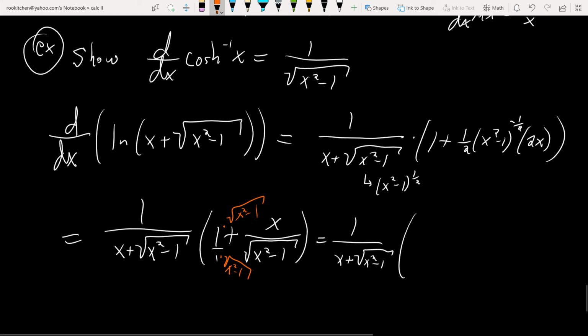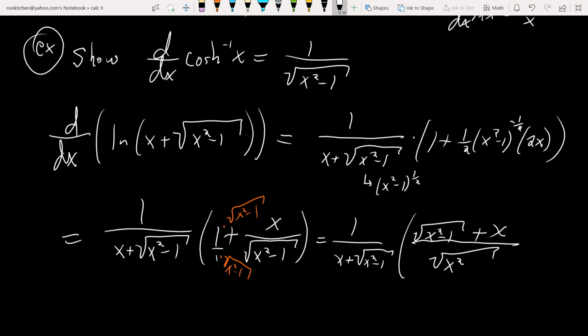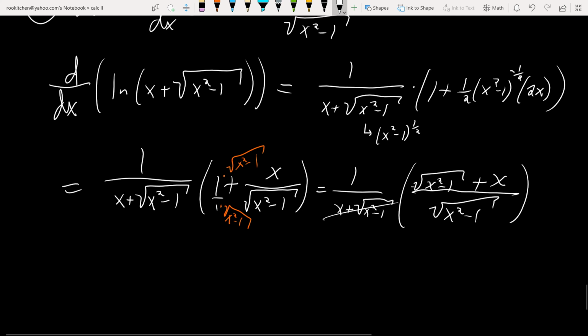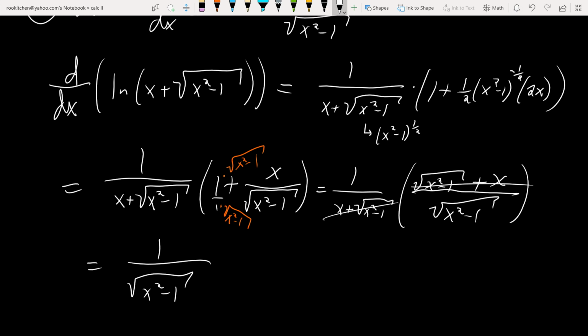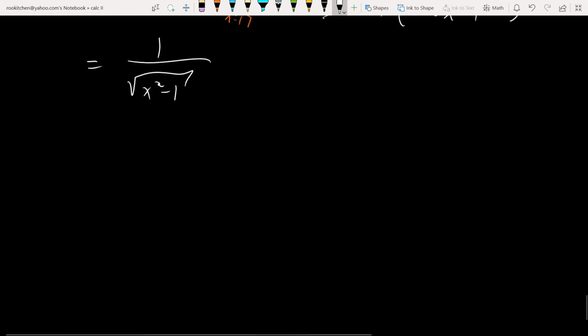So what do I get? I get the square root of x squared minus 1, combining the numerators over the new common denominator. And then you can see there are these nice cancellations. Goodbye, goodbye. And you have 1 all over the square root of x squared minus 1, which is what we wanted to show. Okay, great.